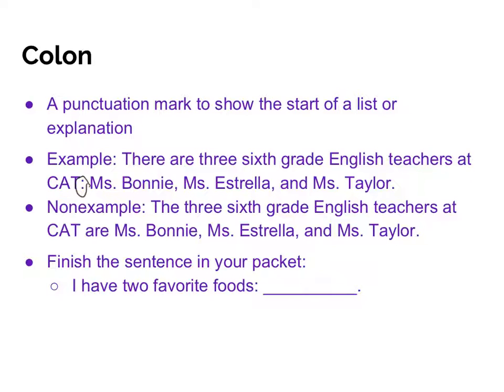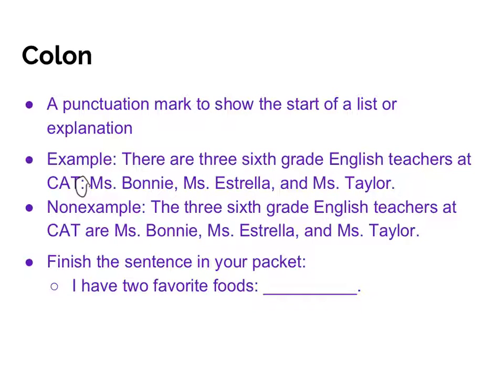Here's a non-example. A non-example is something that is not an example. The 3 6th grade English teachers at CAT are Miss Bonnie, Miss Estrella, and Miss Taylor. So it's a very similar sentence.